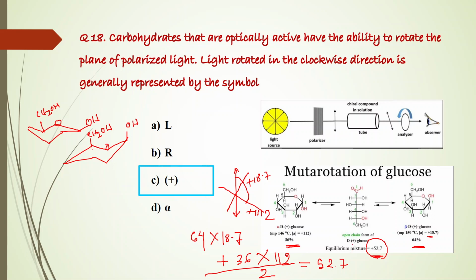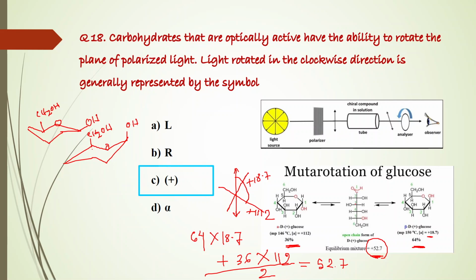Because if only a single form existed, then you would have gotten a deviation of either plus 18.7 or plus 112. If you were able to get that in the pure alpha form and beta form, then these should have been the rotation values.